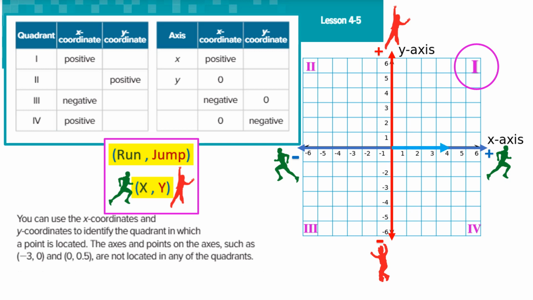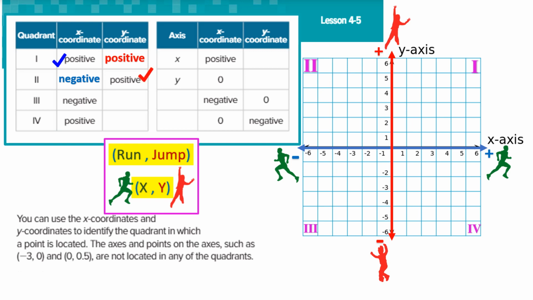So any ordered pair in quadrant 1 is going to be positive going forward and positive going up. For quadrant 2, I see that I'm going to have to run backwards. So if I'm running backwards, then my first number, my x, has to be negative. But I'm still going to jump up, so my y is positive.